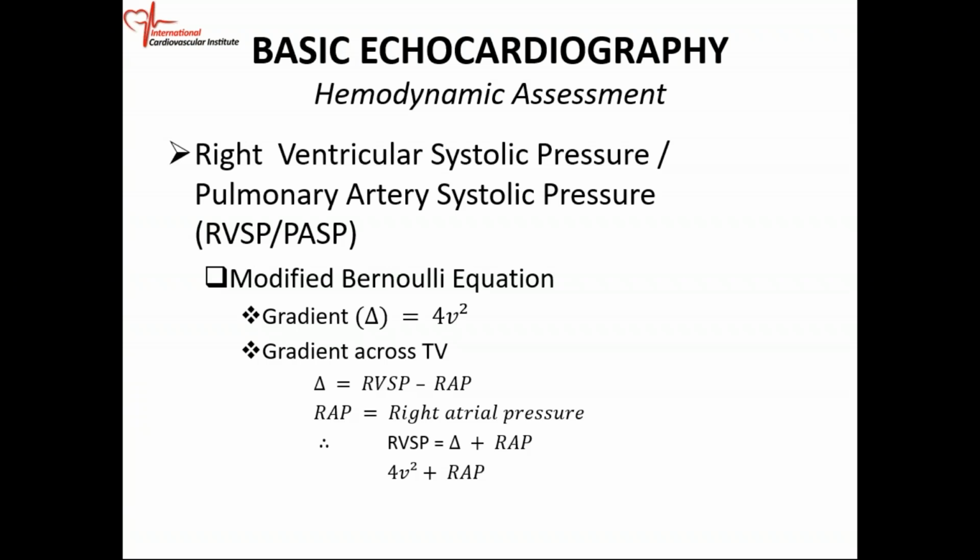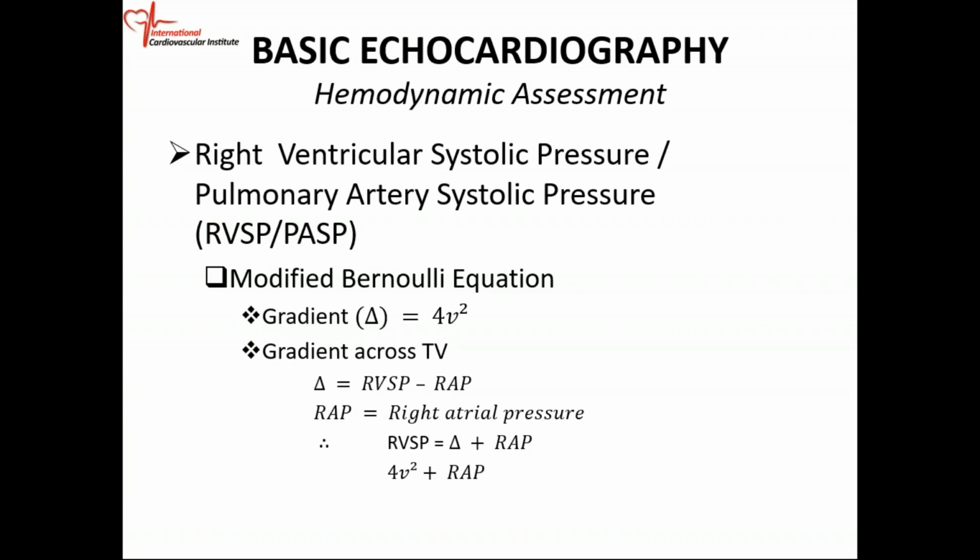So when you have tricuspid regurgitation, the pressure in the right ventricle is going to be greater than the pressure in the right atrium. Hence, in systole, blood is going to flow from the right ventricle into the right atrium.